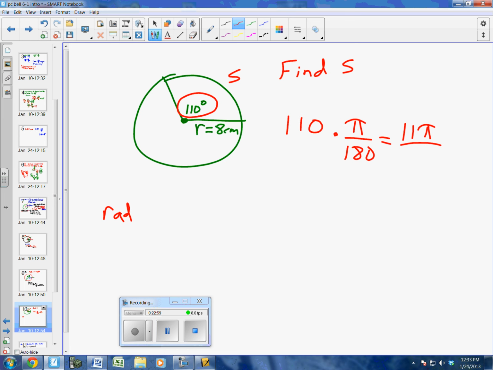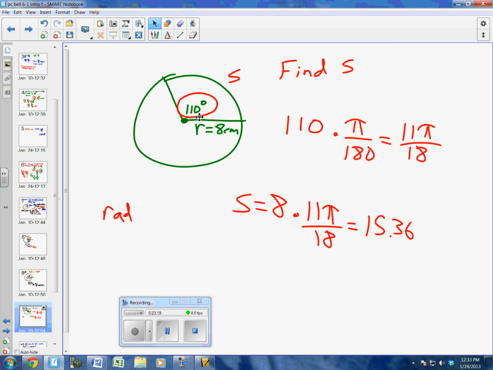You end up with 11 pi over 18, and then the radius is 8, and you're going to times that by the angle in radians. And if you did that, you got 15 point what again? To 2 decimal places, 15.36. Okay? All right, any questions there? Okay?